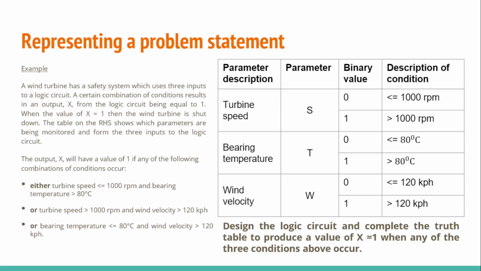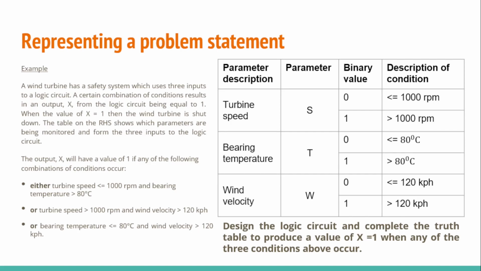The table on the right hand side shows which parameters are being monitored and form the 3 inputs to the logic circuits. The output X will have a value of 1 if any of the following combinations of conditions occur.